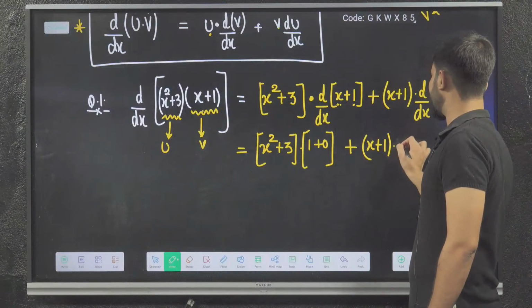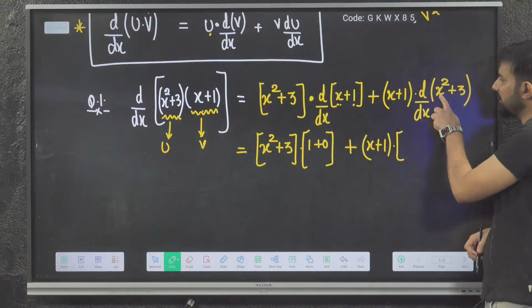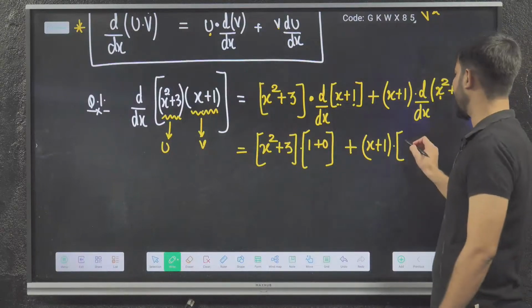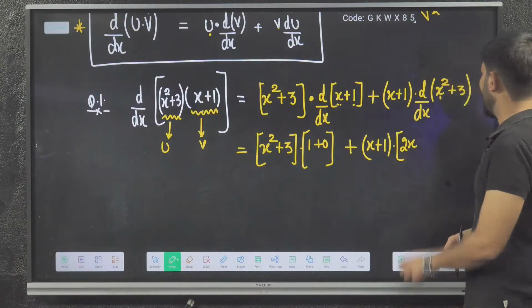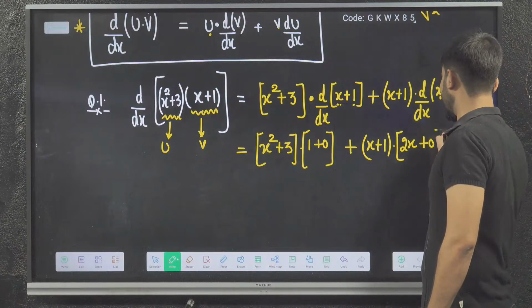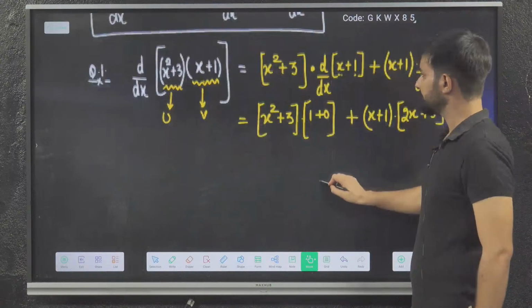Now whose differentiation do we have to do? What will be the differentiation of x square? It will be 2x. What will be the differentiation of 3? Plus 0. So what is the final answer I am getting here?